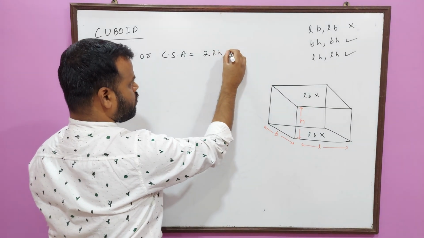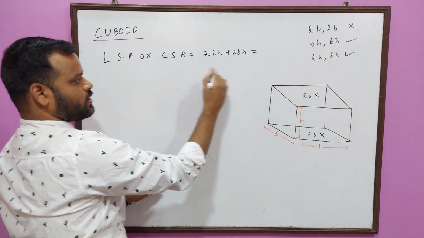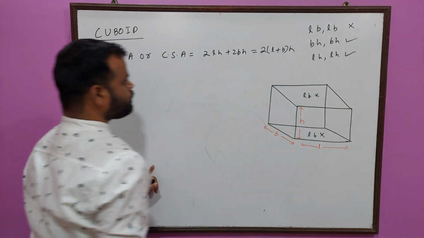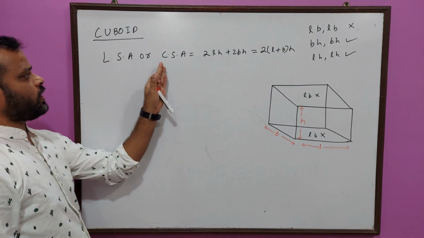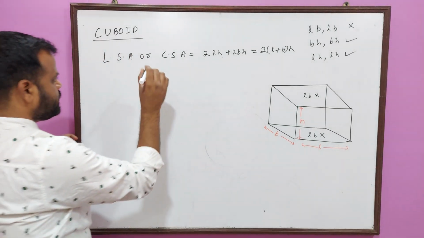So 2 LH plus 2 BH. When you take 2H common, it is 2 into (L plus B) into H. So this is the formula for the lateral surface area or curved surface area of a cuboid.